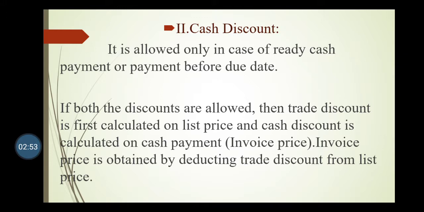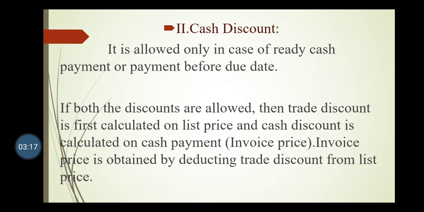Okay, and if we are making the cash payment, then again the shopkeeper allows us a discount which is known as the cash discount, and this cash discount is calculated on the basis of invoice price.